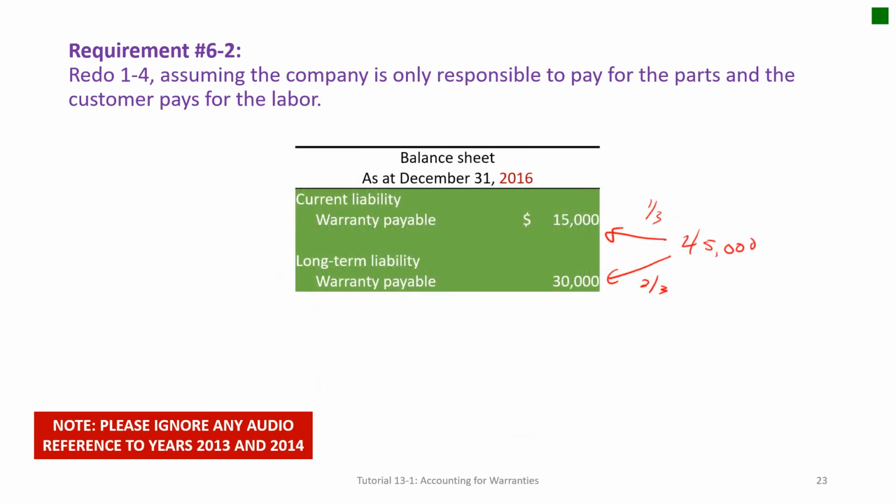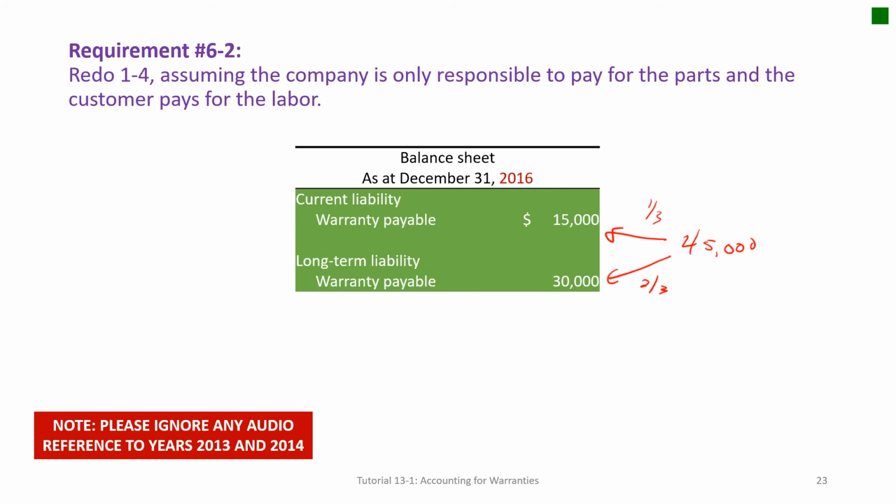If we were for the second part, or the second requirement related to the previous data, we're attaching it to part 6 to see what the balance sheet would look like. What we have here is $15,000 current and $30,000 long-term, and again, this is the $45,000 parts, right? This is a 3-year warranty.